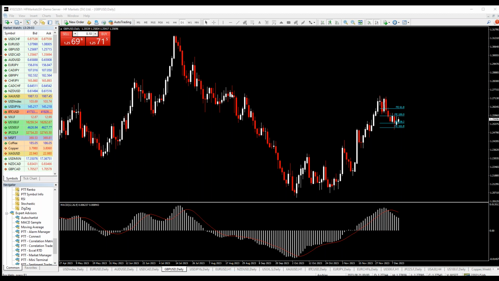So here we have pound and US dollar. It reflects the difference between two economies, the US economy and the UK economy. Remember that at the back of every currency pair is the economy of that country. So over here, we see a comparison of UK economy and US economy. So let's get back to our slideshow.